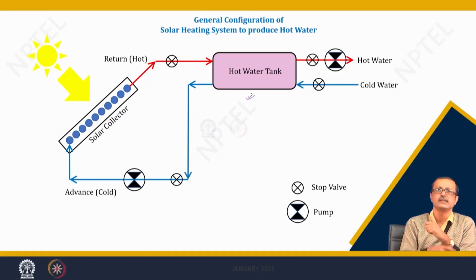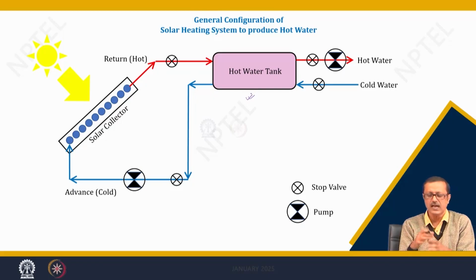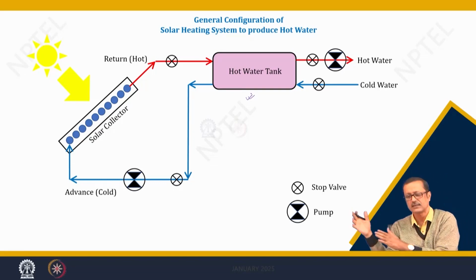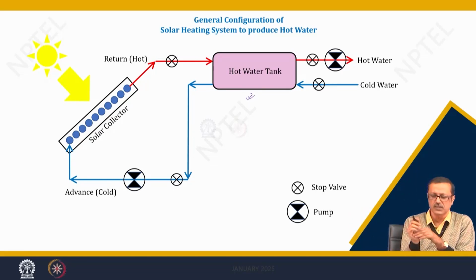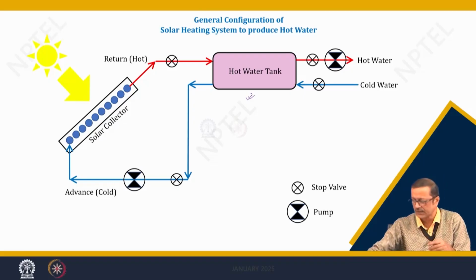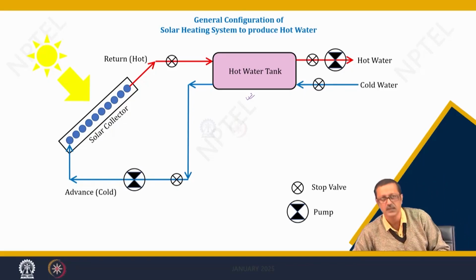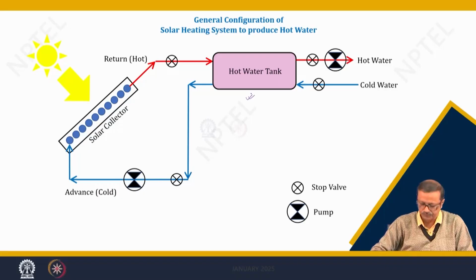Again it will be circulated based on your pump speed or efficiency, and after a certain time, when the temperature reaches the design temperature level, you can take that hot water and supply it to different parts of the building, in your hotels, in your hospitals or maybe in your housings.